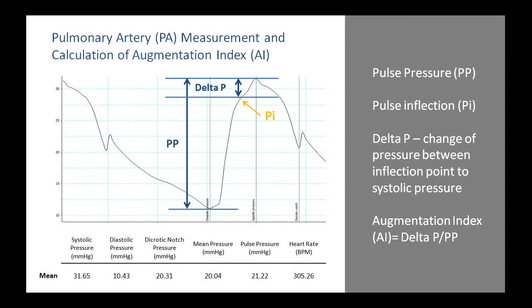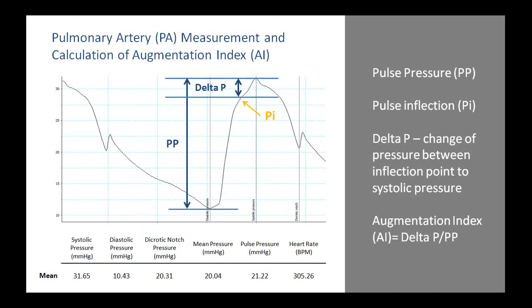Please notice that PI, the yellow arrow point, refers to a pulse inflection, where delta P is a change of pressure between the inflection point to the systolic pressure. Augmentation index, therefore, is AI equals delta P divided by PP.